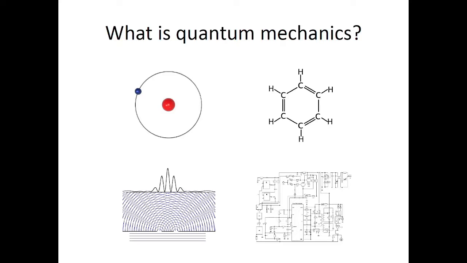For example, it has helped to obtain better chemistry, it has helped to obtain electronics, which we didn't have before the understanding of quantum mechanics, but it also provided a way to understand the world around us. So quantum mechanics is actually a very, very important theory of physics.